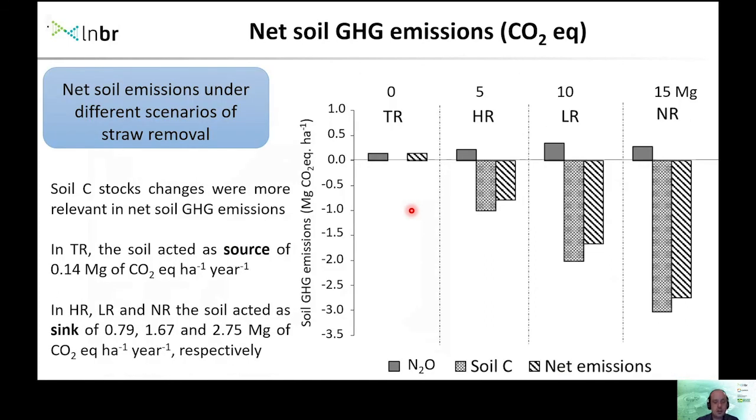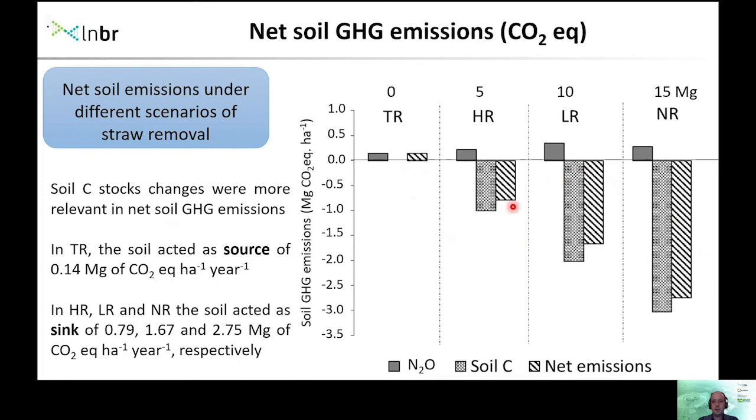So when we consider the net soil greenhouse gas emission, accounting for the N2O and the soil carbon stocks, it's possible to observe that the carbon stock changes were more relevant in terms of net soil GHG emissions. Only in the TR scenario, the total removal scenario, does the soil act as a source of greenhouse gas emission.